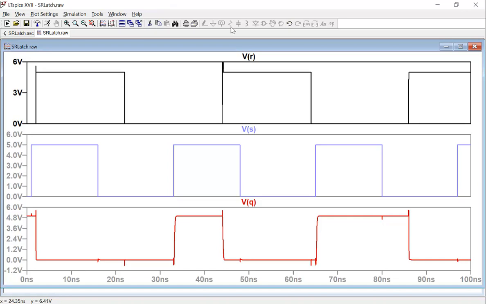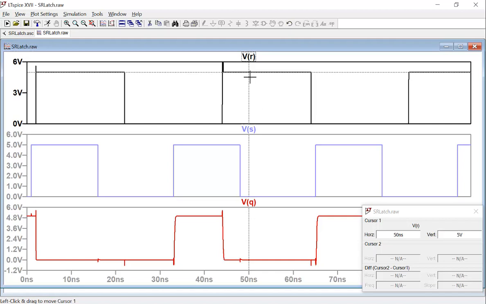So when you have 0 here for R and 0 here for S, both zeros, it memorizes the previous state, so it's not changing for Q. Right? If you start from here, okay, I give R a 1.